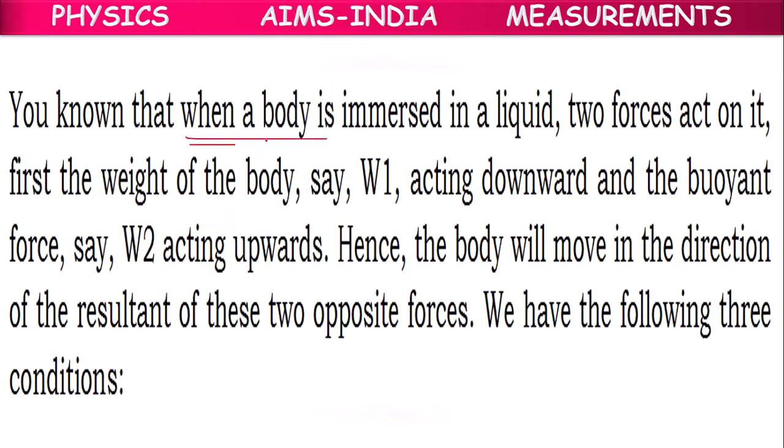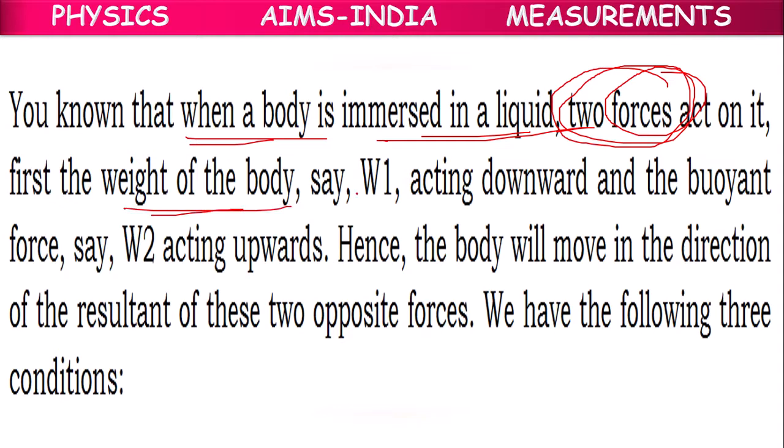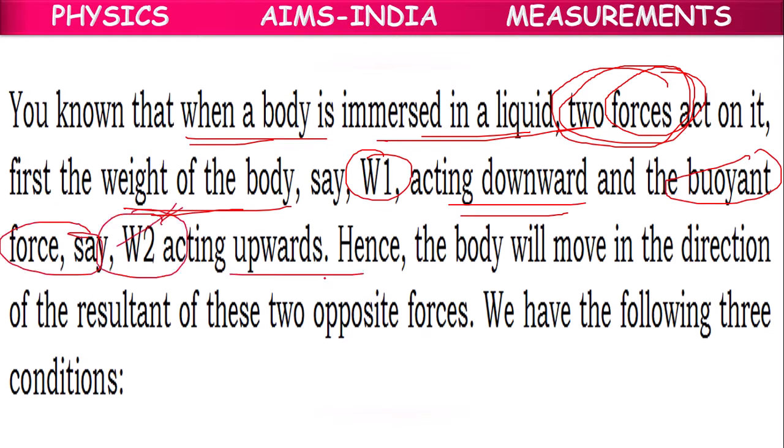When a body is immersed in a liquid, mainly two forces act on it. One is the weight of the body, say W1, acting downwards, and the other is the buoyant force, W2, shown by the water, acting upwards.